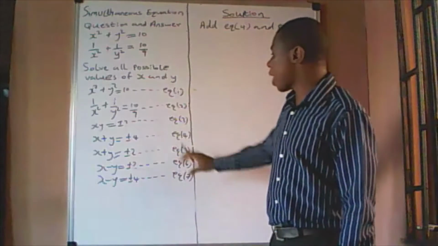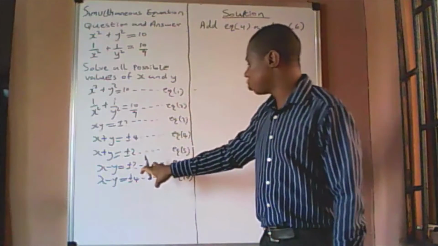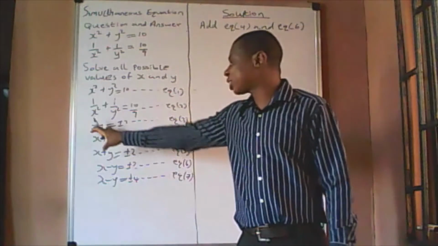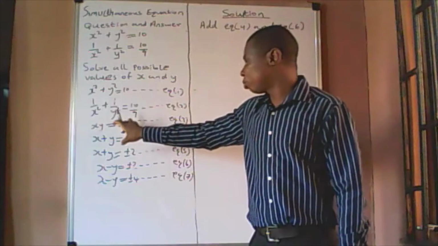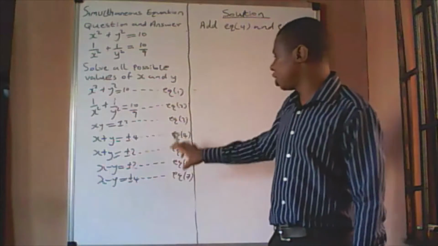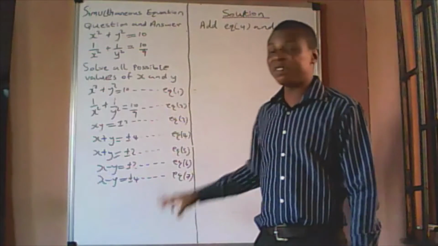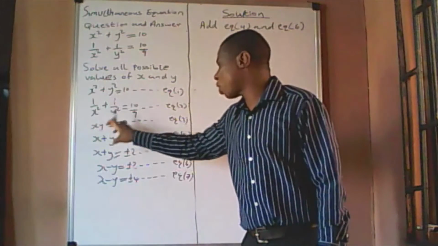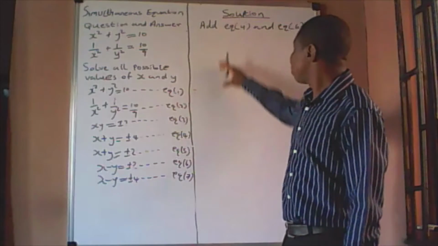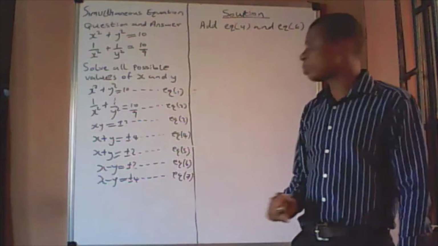That's why we are adding equation 4 and equation 6, because they are derived when we substitute the value of x times y equal to plus 3. But equation 5 and equation 7, we derive them when we substitute x times y equal to minus 3.